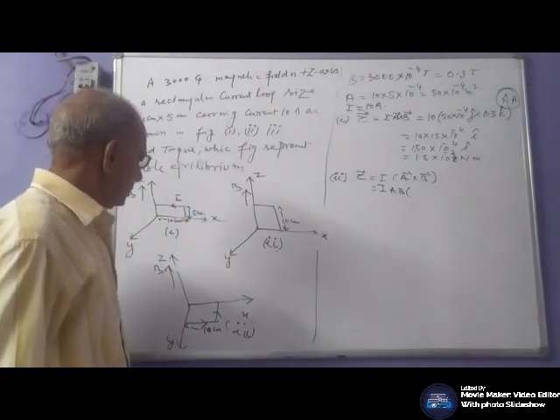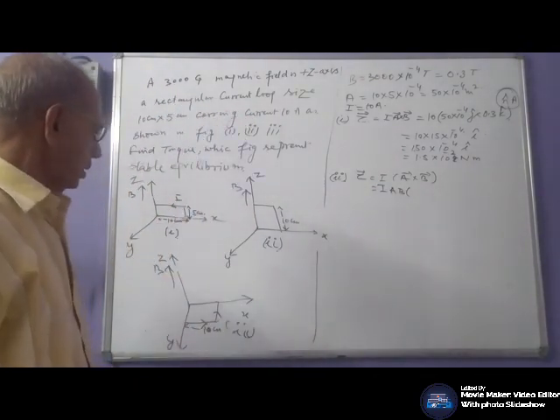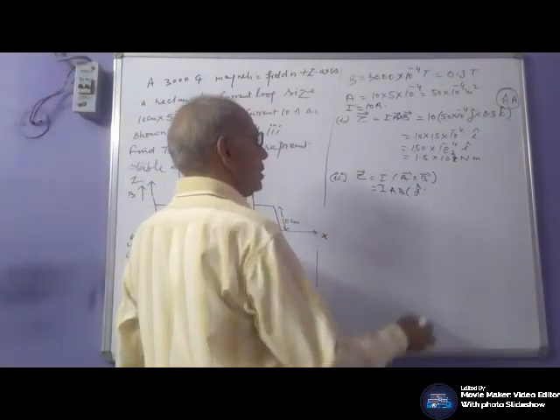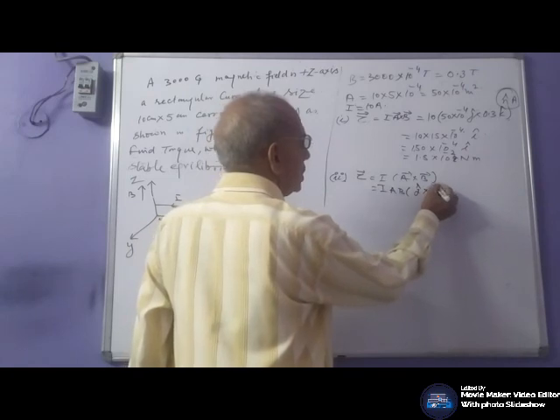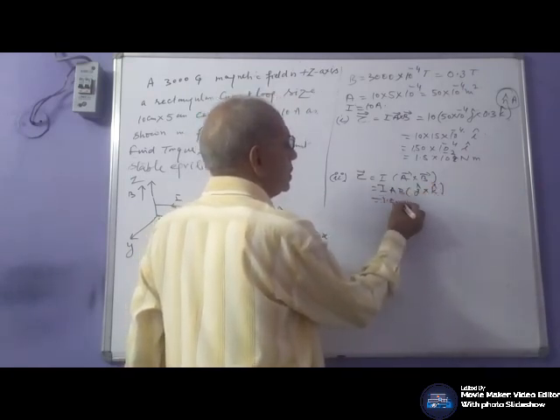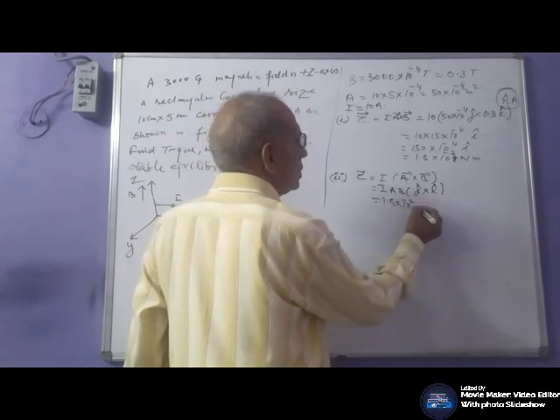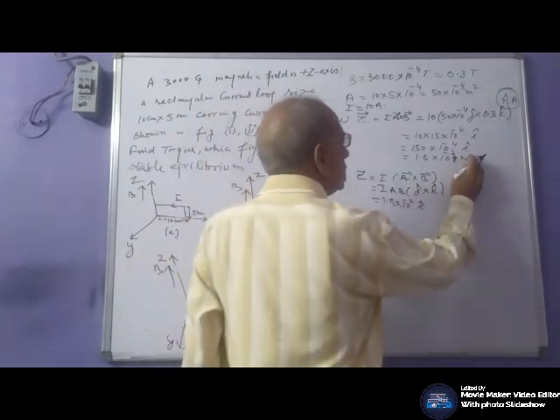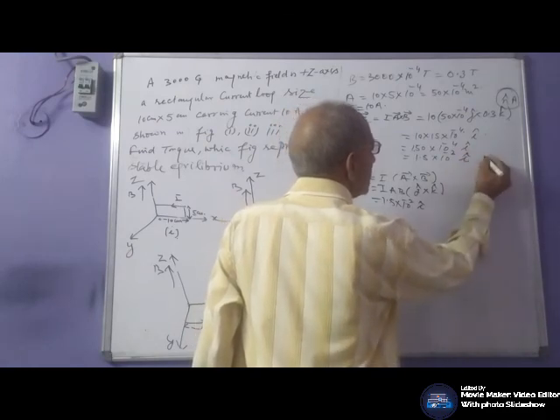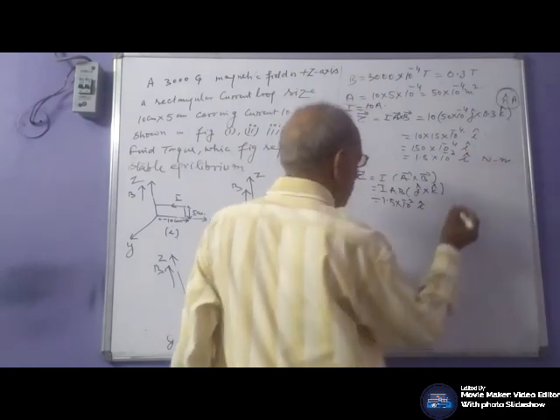Figure second: A along J, B along K. So same answer, along the x-axis, in Newton meter.